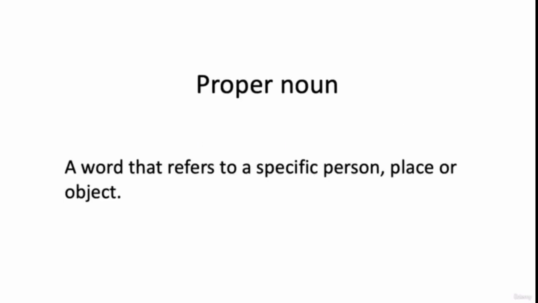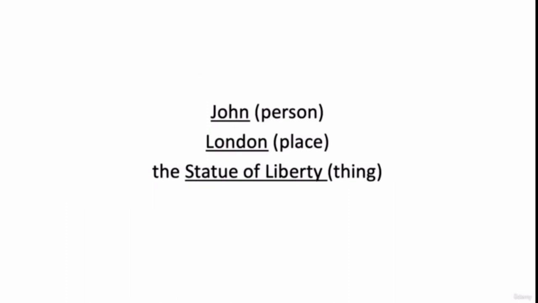First, we have proper nouns. A proper noun is a word that refers to a specific person, place, or object. For example, John is the name of a person, London is the name of a specific place, and the Statue of Liberty refers to an object or thing.